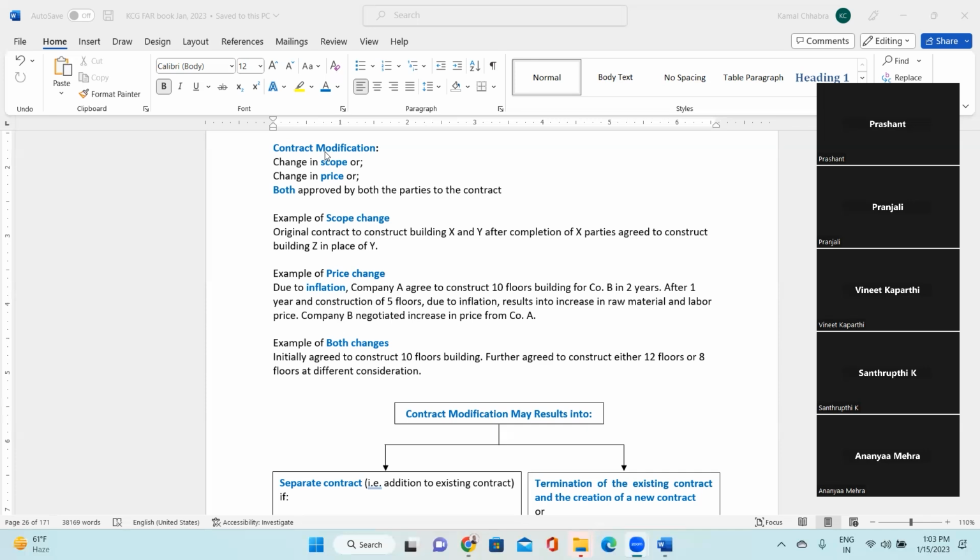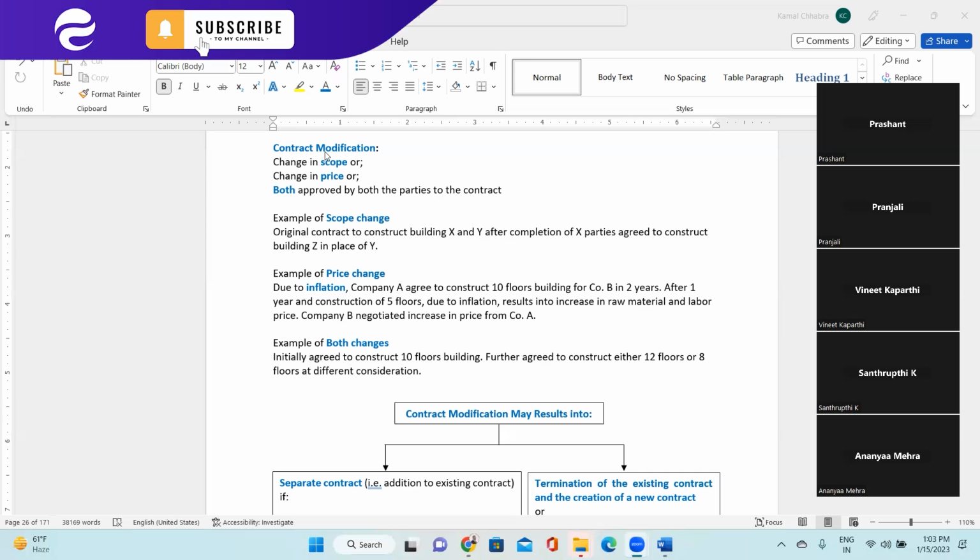So you entered into an upgraded contract with the vendor and now you're saying I need 5 floors. I'll pay you the consideration per floor which we agreed, and in addition to that, I'll pay you 50 lakh rupees, right? So now there is a change in scope as well as a change in price. Make sense?